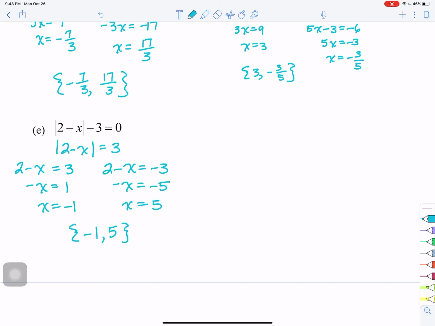Okay, let's talk about a couple special cases. And I wanted to bring that up because I think if you ever come across these, you might be happy we went over this, okay? And you are expected to know this. What if you're given, let's say, the absolute value of 7x plus 28 is equal to 0?